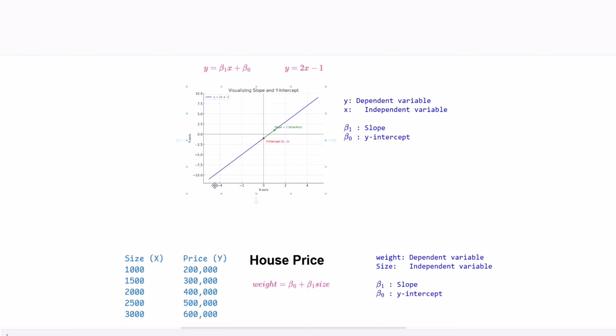As you can see here, this is the value of x, and the value of y is here. Just try to focus here. For example, if the x value is 2, the value of y is almost 2.5.